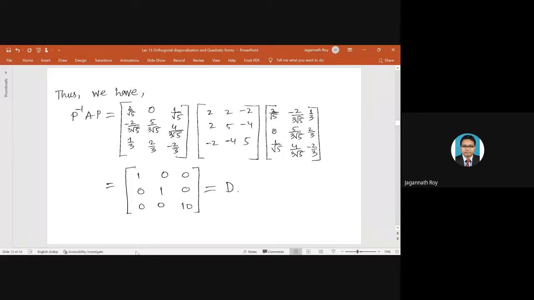Now it is an easy task to verify that P transpose AP, that is P inverse AP, will be the diagonal matrix.